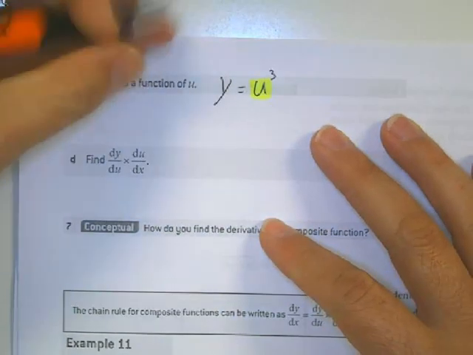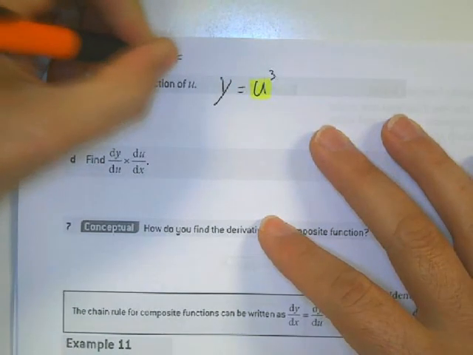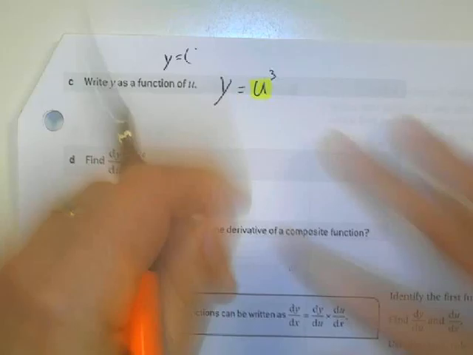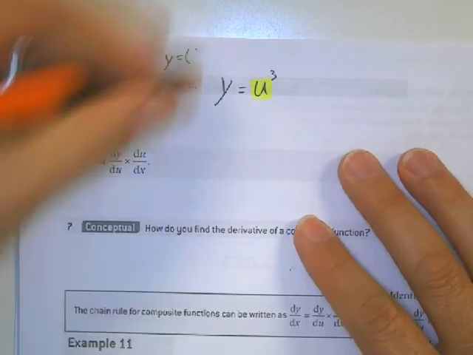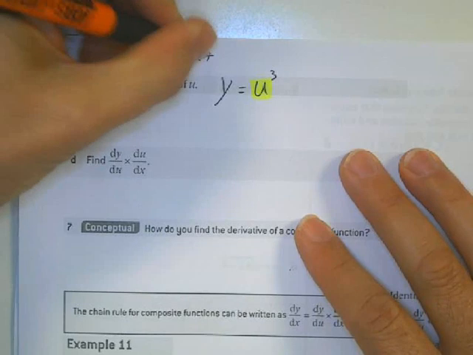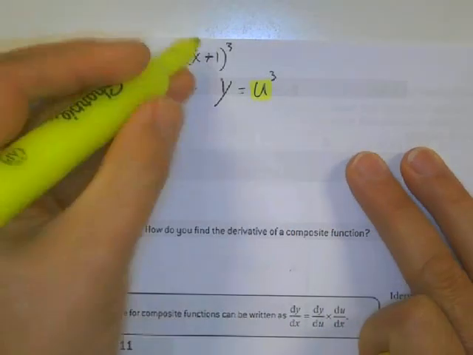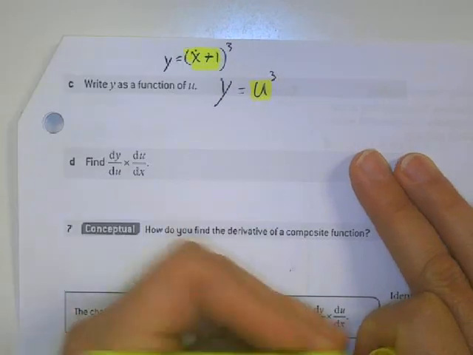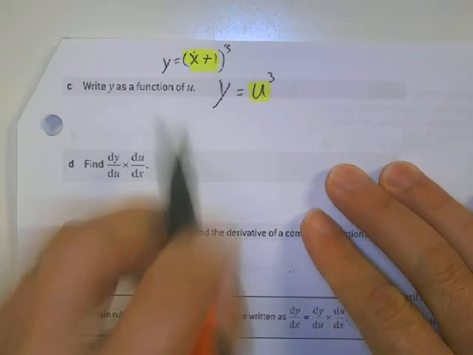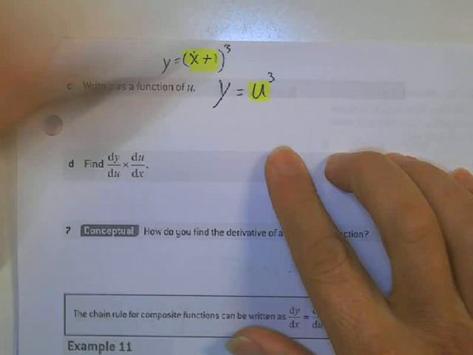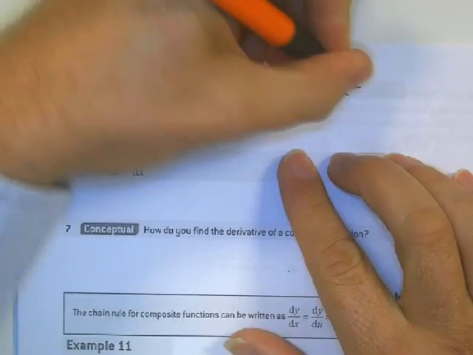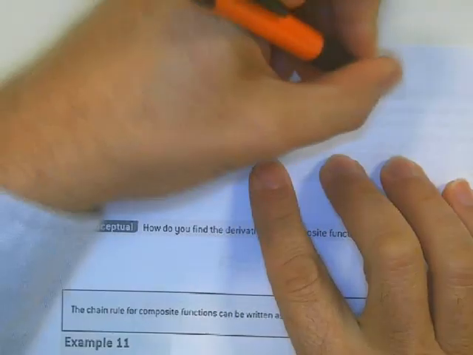The original function was y is equal to (x plus 1) cubed. So what we've just done is we're saying that this yellow stuff is called u. So I've got u cubed, and I'm going to say that u is equal to x plus 1.